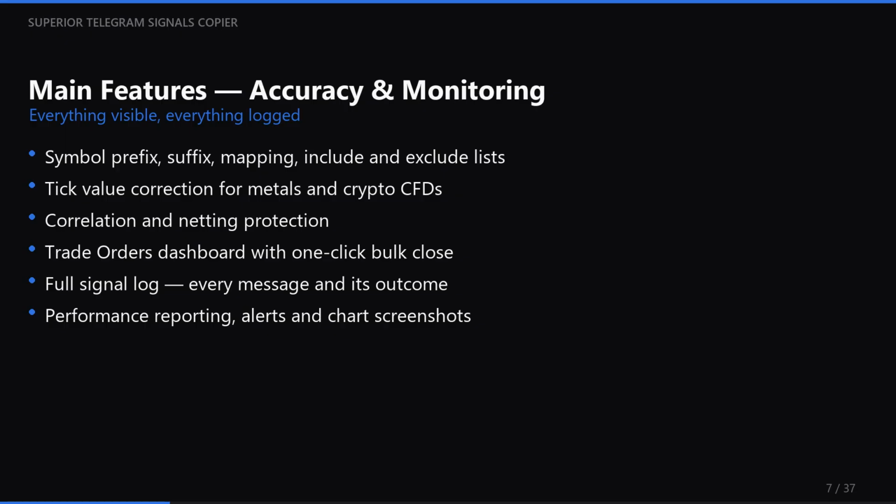CFDs correlation and netting protection stop you stacking exposure accidentally. A live trade orders dashboard lets you close winners, losers, buys, sells or everything with one click. A full signal log records every message received and exactly why it did or did not become a trade. And you get performance reports, trade alerts, and automatic chart screenshots.